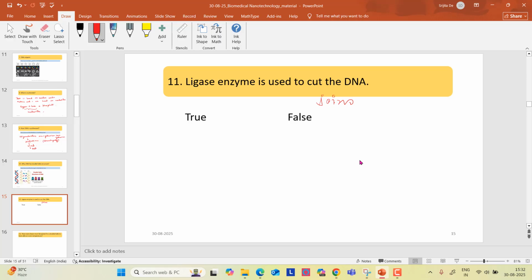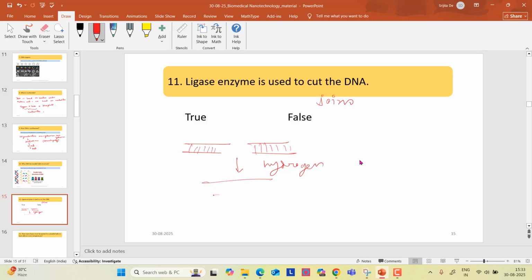So what happens when there are two different strands of DNA, with the restriction enzyme or hydrogen bonding? Suppose these are different kinds of single-stranded DNA.